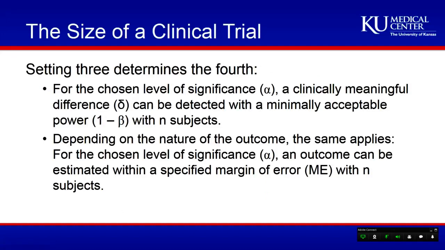The nice thing about sizing a clinical trial in simple cases is that if we know alpha, we want alpha to be 5%, no more than 5%, and we want our power to be at least 80%, so our risk of a false positive finding less than 5%, our ability to find a real meaningful effect at least 80% of the time, then the only missing piece of the puzzle is what are we actually looking for?